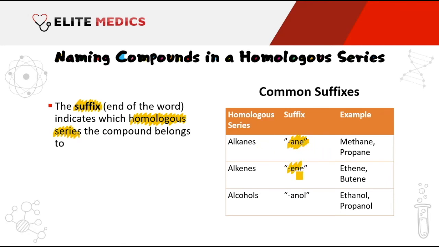If it's an ene, it belongs to the alkene group. If it's an ol, it belongs to the alcohol group, like ethanol or propanol. The other ones we can talk about are things like carboxylic acids. So carboxylic acids would have oic acid at the end of them, okay? So these are the three standard ones you have to remember.